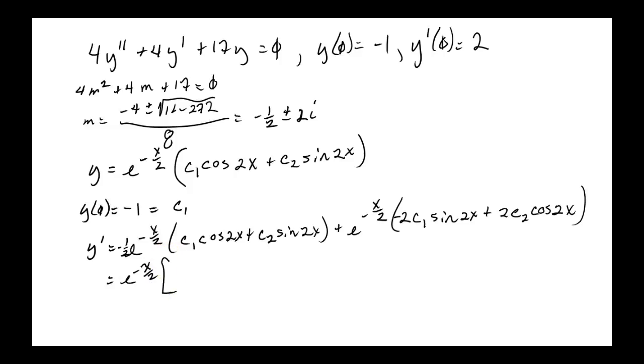What you have here is a negative 1/2 [negative c1 over 2 cosine 2x minus c2 over 2 sine 2x minus 2c1 sine 2x plus 2c2 cosine 2x].